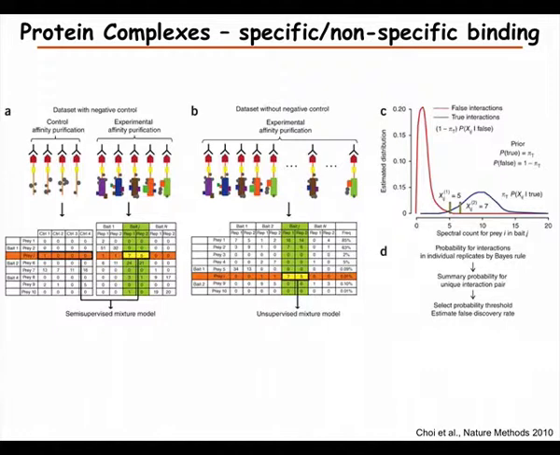And now they have also taken a step further and made a database of interactors that people find over many IPs. They call it the CRAPome. The problem is that most people don't do many IPs.